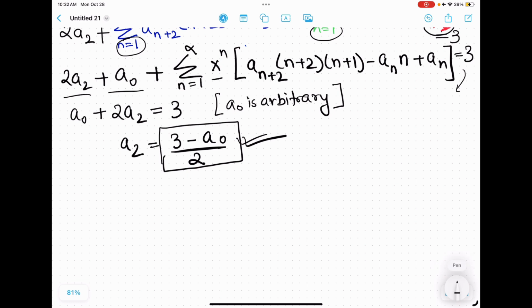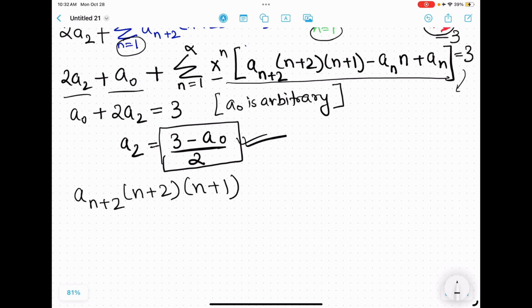Because I can see on my right that there are no coefficients, there are no x's. So that means this entire thing becomes 0 just when there is an x attached to it. So that means (n plus 2) times (n plus 1) a sub n plus 2, minus a sub n times n, plus a sub n, equals 0 when n is greater than or equal to 1.